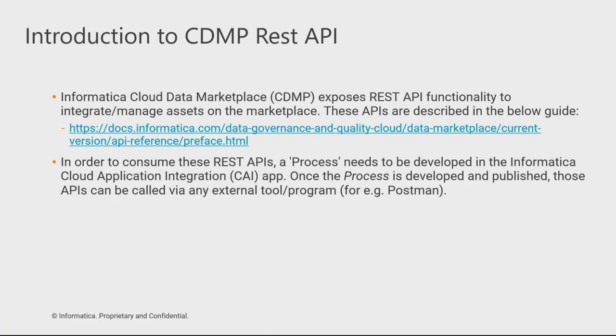To consume this REST API, a process needs to be developed in the Informatica Cloud Application Integration app. Once the process is developed and published, those APIs can be called via any external tool or program. Most customers I have seen use Postman, but some also use a client program like Python.